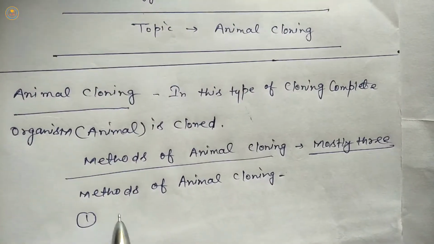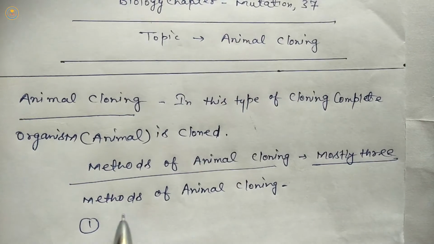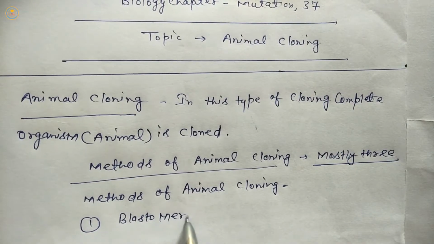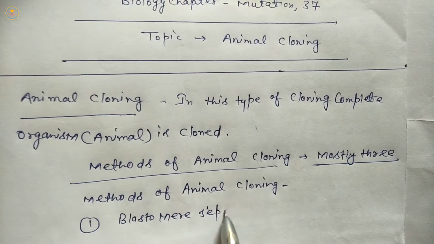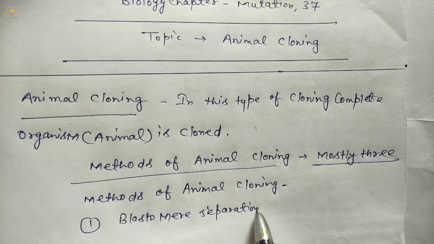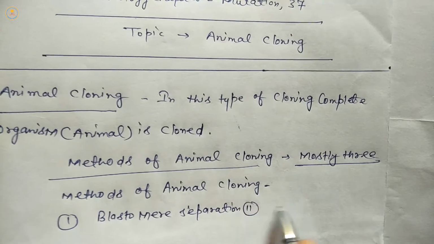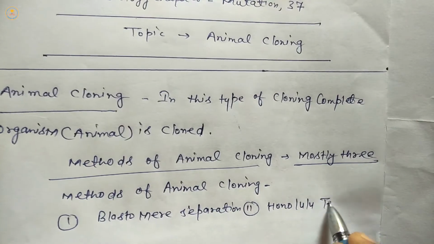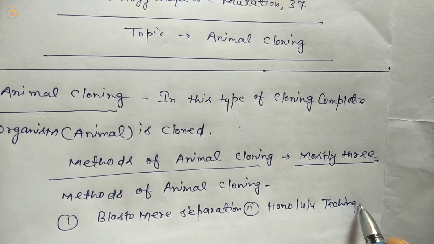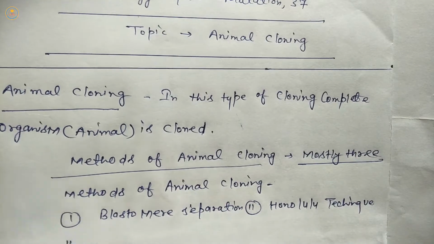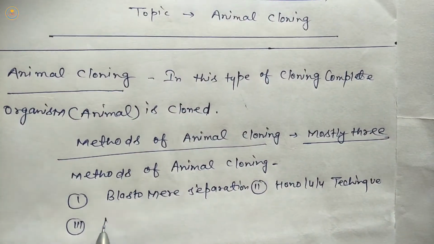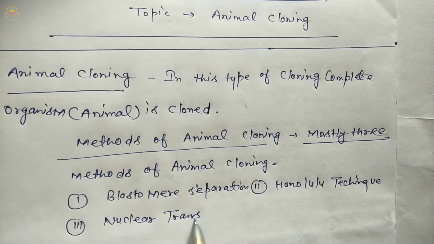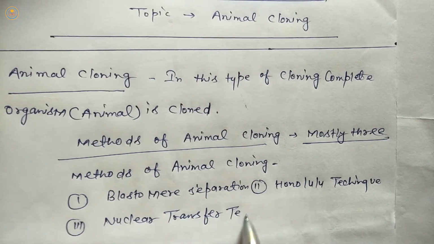First is blastomere separation. Second is Honolulu technique. And third is nuclear transfer technique.